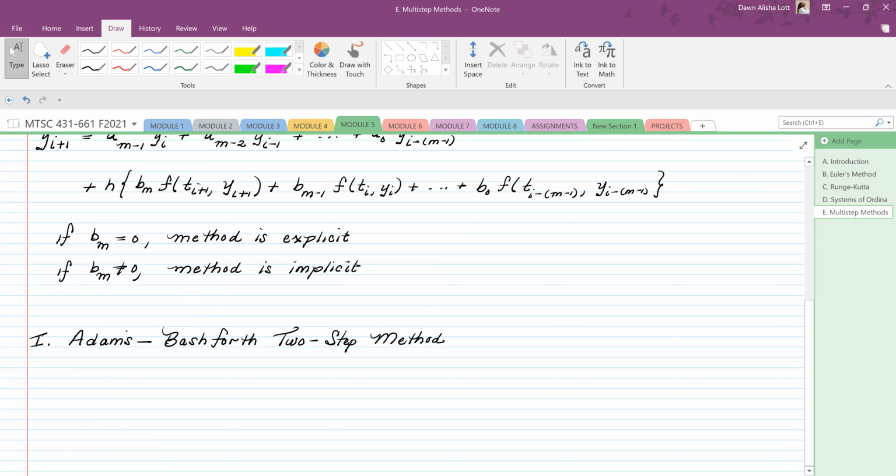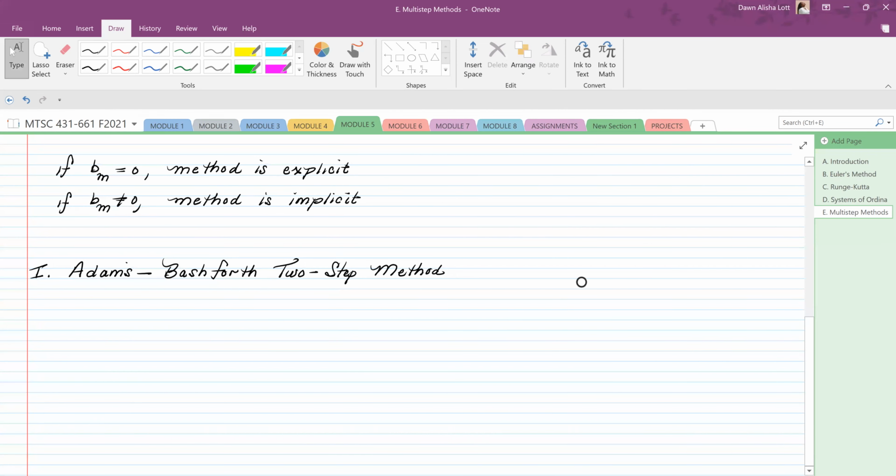For this method, we need to know y naught is alpha and y1 is alpha 1.